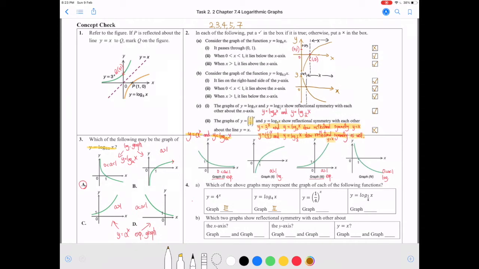Next one, y equals 1 over 4 to the power of x. Exponential graph, base is in between 0 and 1, so this should be the first graph. The last one, y equals log base 1 over 4 of x. Log graph, base is in between 0 and 1, so this should be the fourth graph.